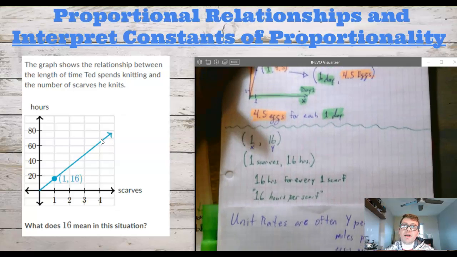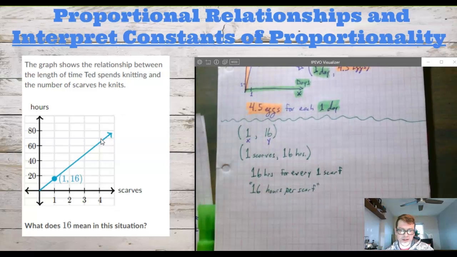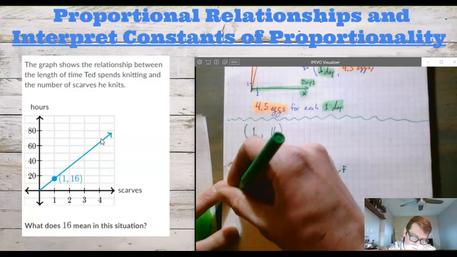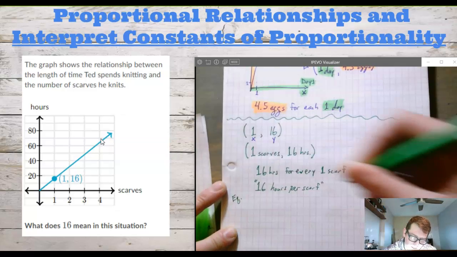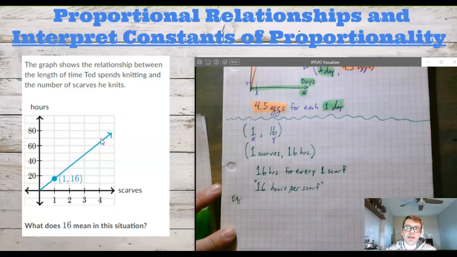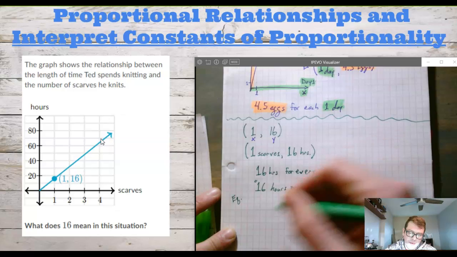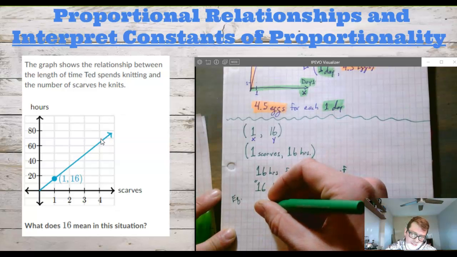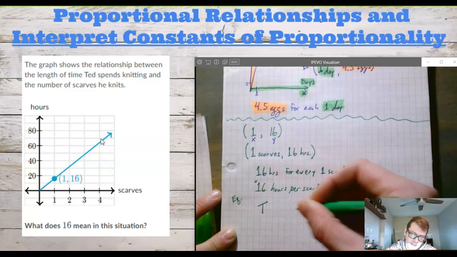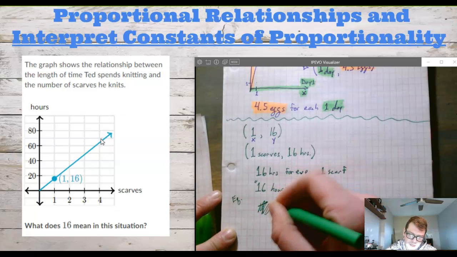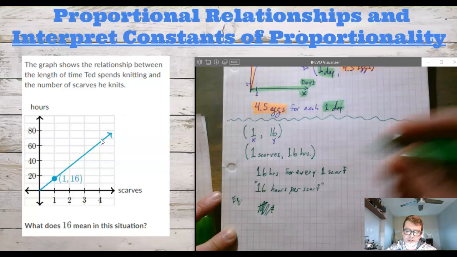So we can then make an equation from this, right? Can anyone tell me, and we don't have to use X and Y yet, we will in a second, but if we want to write an equation to represent this, we could say the time it takes. Actually, we should not. We often use big T for temperature.